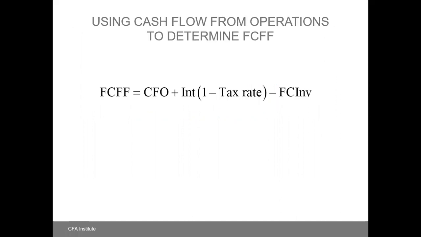Then this definition should be understood very clearly by you, because the term paper, what are you doing? The template I have provided to you has used this definition for calculating the free cash flow to the firm. So look at the cash flow from operations part.